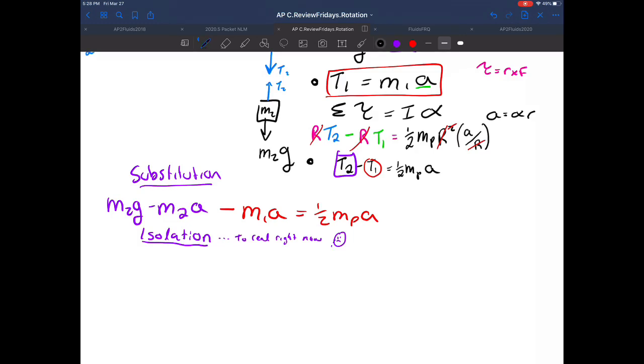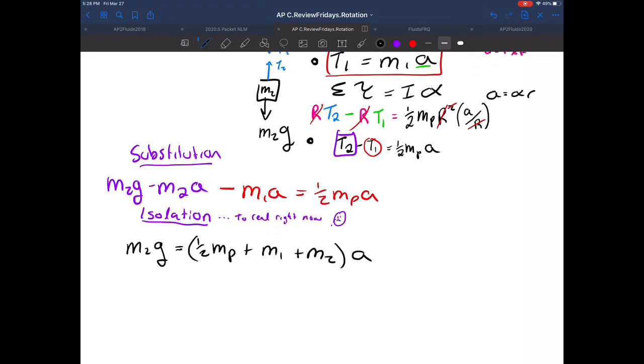Then what we can do is get all our accelerations to the same side. So we'll have m2g equals A out front. And then to get A by itself, we can divide.